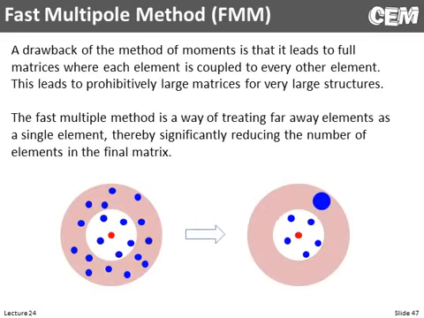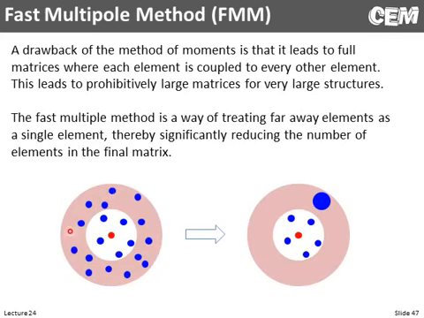Within the method of moments, there's something called the fast multipole method. Remember, these method of moments, these integral type equations that we're solving, they have full matrices, and that can be a problem. What the fast multipole method does, now let's say we're writing an equation associated with one point here. We have all of these points far away that would ordinarily require a lot of stuff.